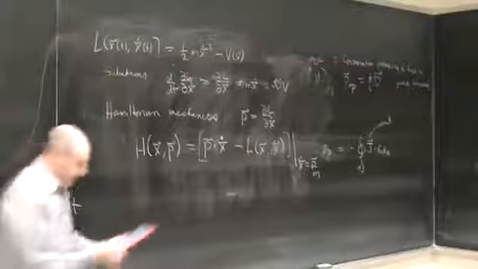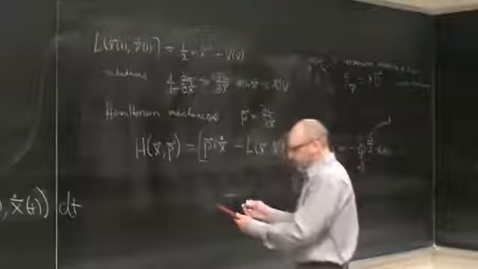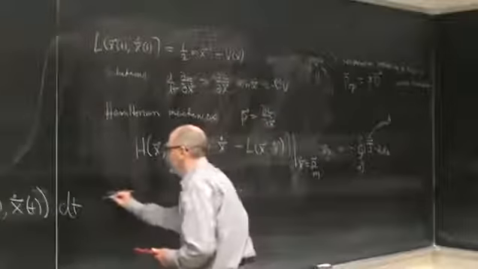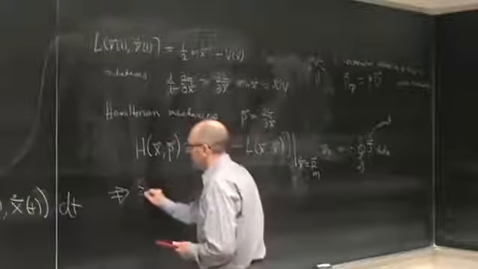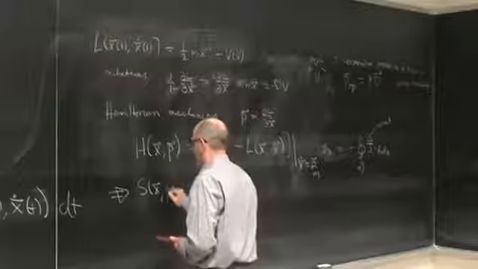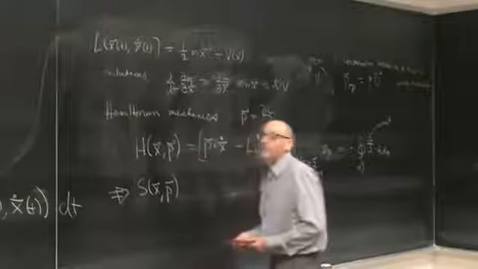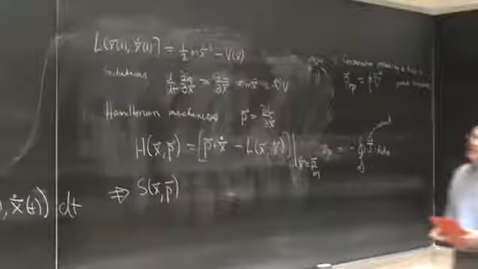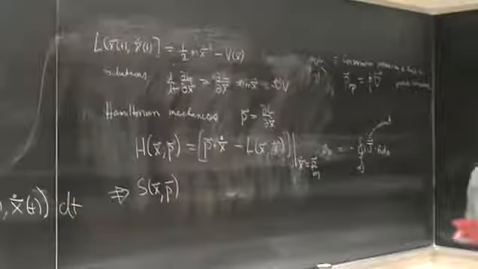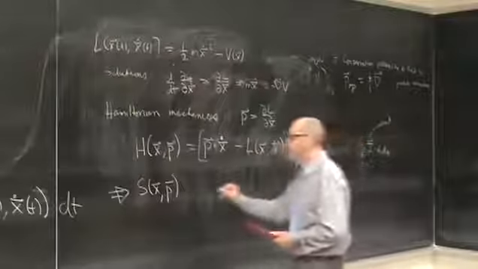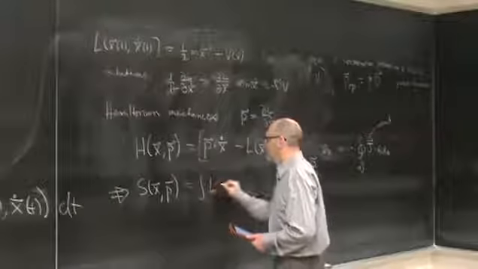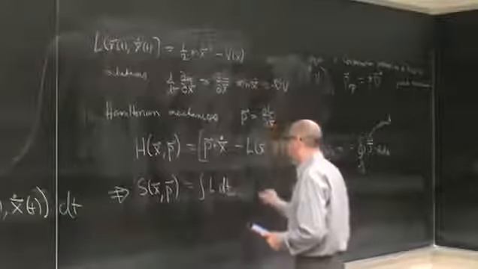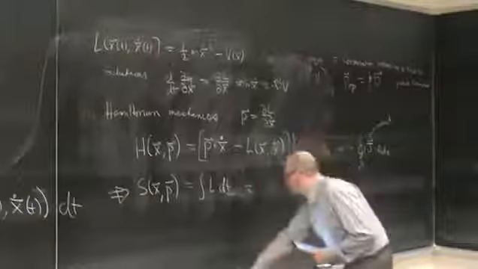So with that, we have another expression for the action expressed in terms of position and momentum trajectory rather than just position. Solving this is that integral. Let's write it loosely like that. And let's put all that in.